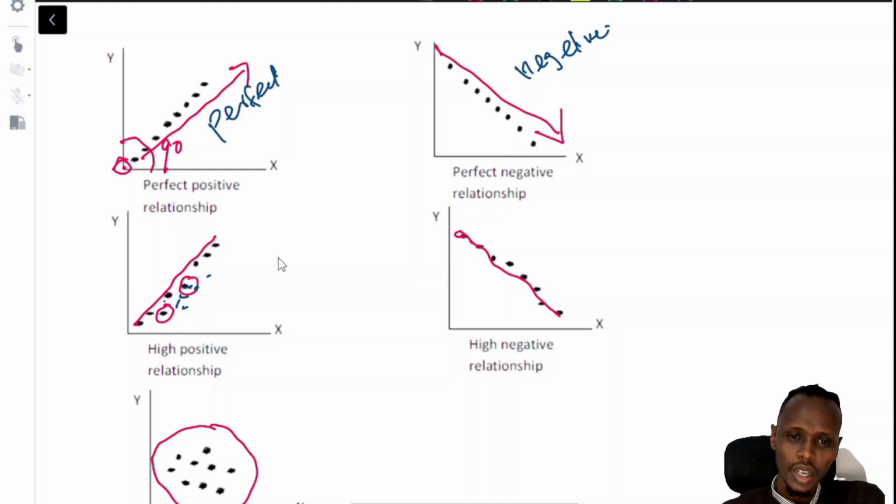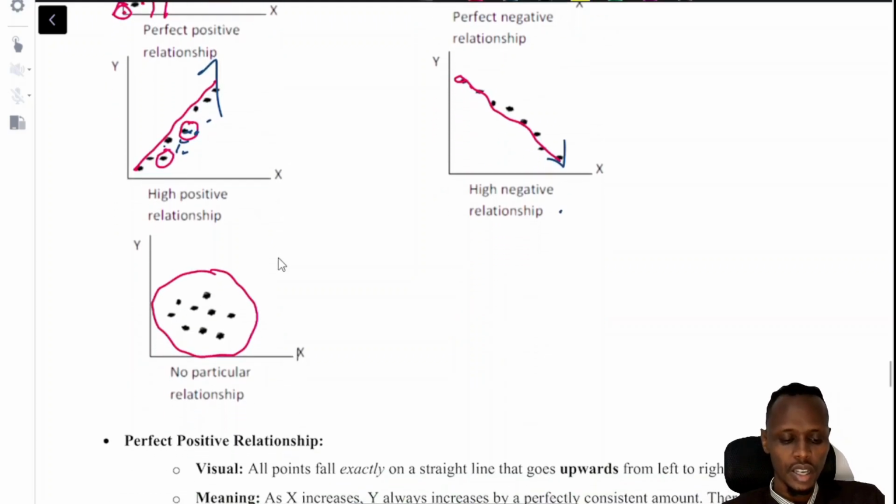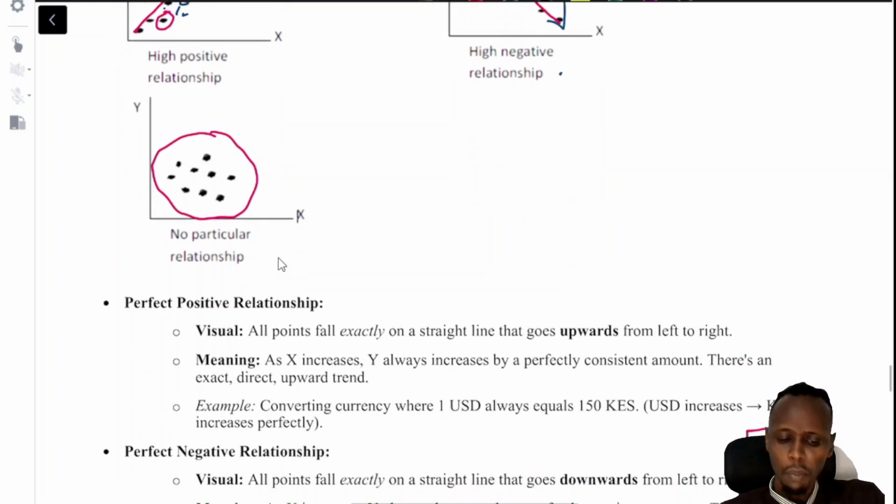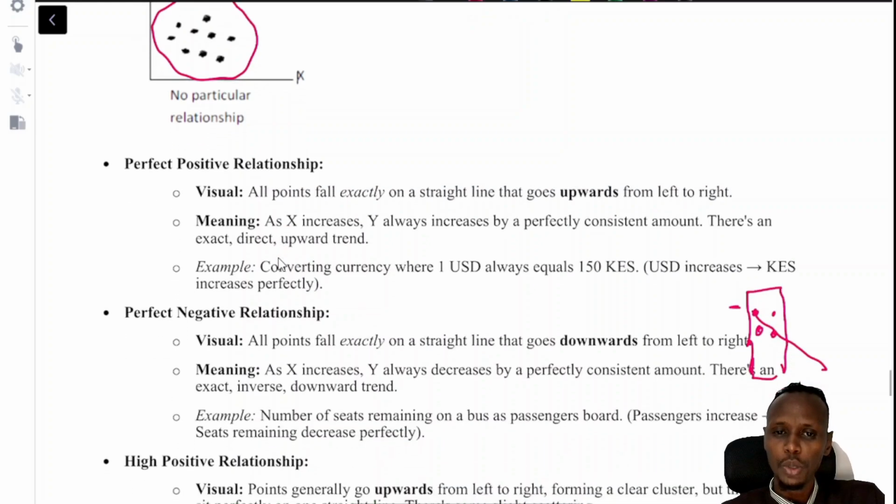So this we call high positive. It's not full, but high positive. Again, this is also high negative. This is where the arrows are heading. And then here, there's no particular relationship.